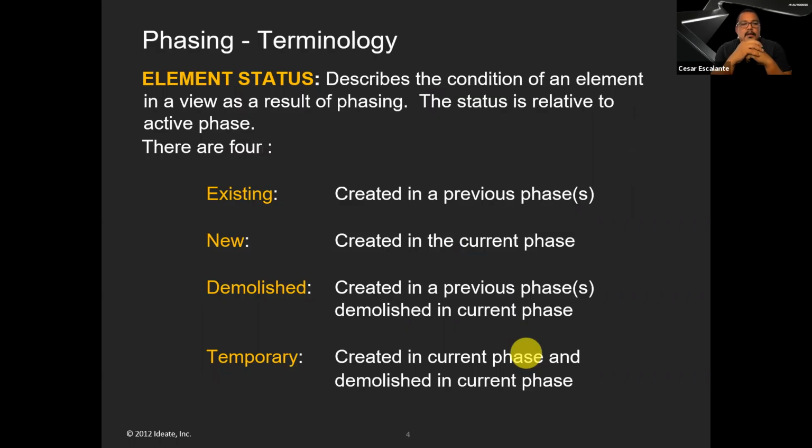So you have a status defined relative to the active phase. The active phase is defined in the view. So existing elements are elements that were created in the previous phase and that are not demolished.